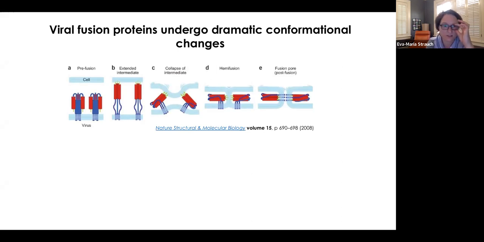The energy is stored in their conformation such that they recognize the host cell membrane. Then they have a variety of different intermediates that we actually don't really have good structural information about, but lots of hypotheses. Now we're starting to get some data on it. And then eventually another conformation that is highly energetically favorable. And that's what in the end is supposedly fueling the membrane fusion.